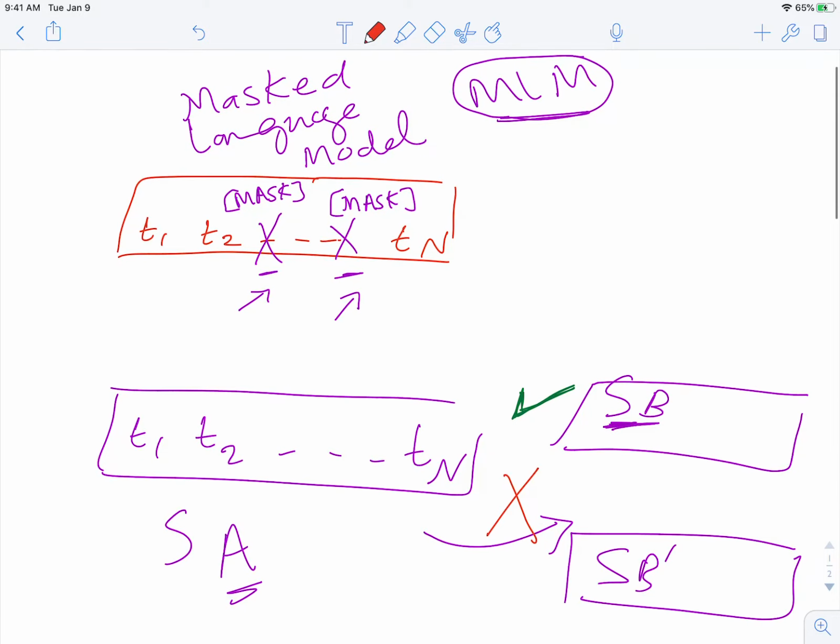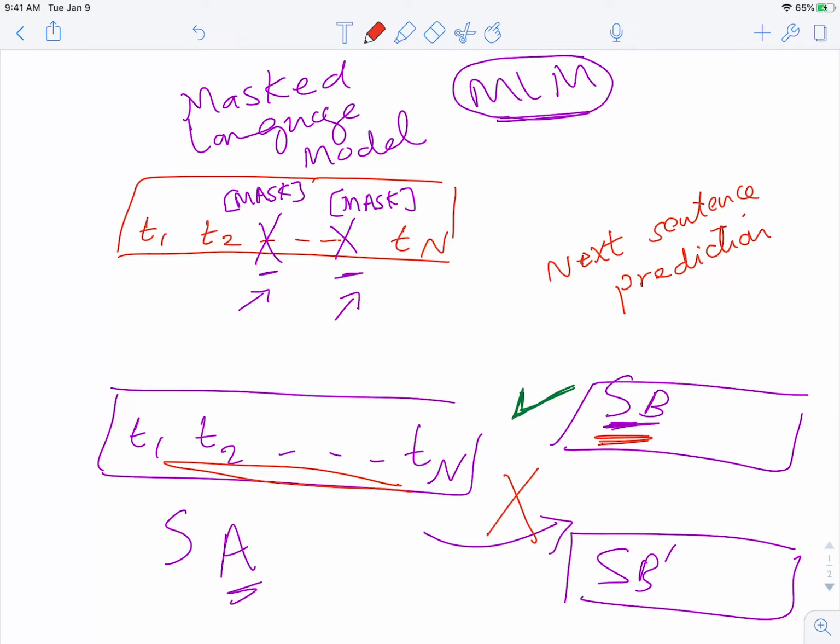And so now the next sentence prediction task is basically given a sentence, asking whether this sentence is a good next sentence or not, right? So if it is this specific one, yes, it is a good one.